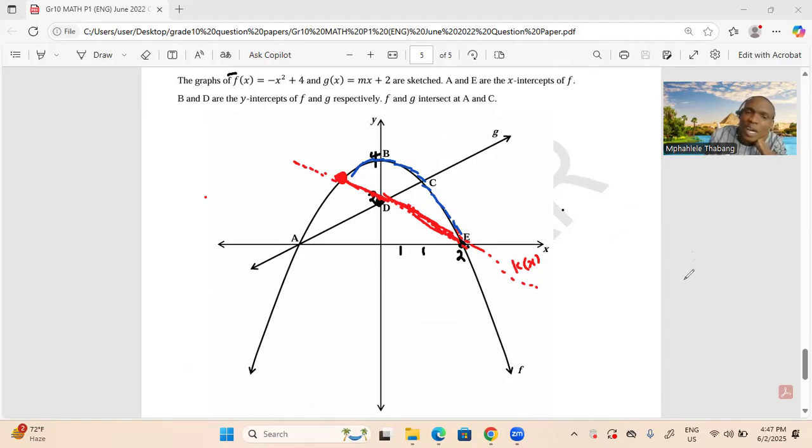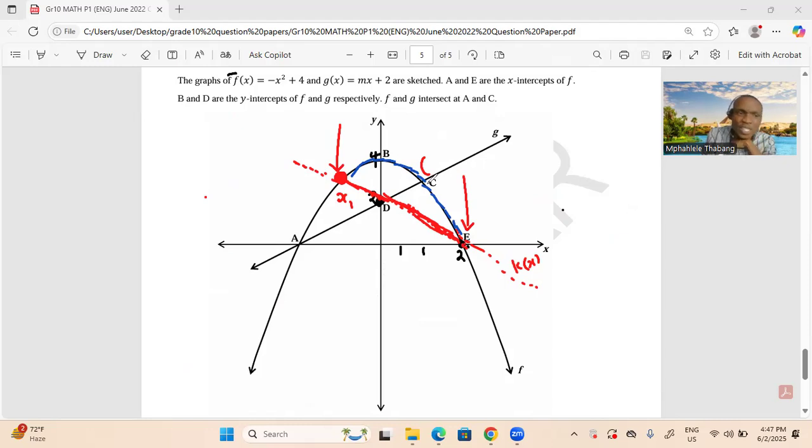So what are the x values? We see that f is on top from this point where they intersect up to this point E. So between this value of x here and this value of x at 2, the function f is always on top. What were the coordinates of C? This was the point of intersection.